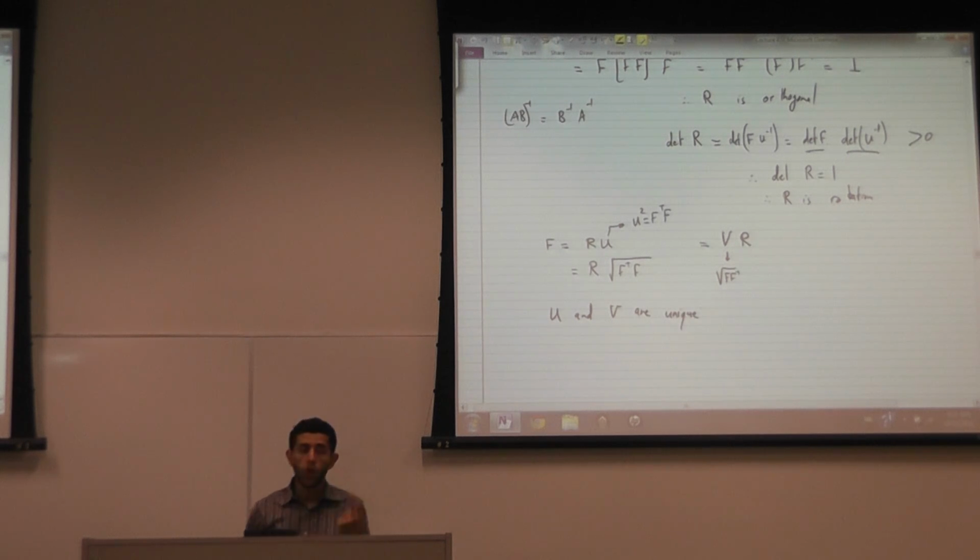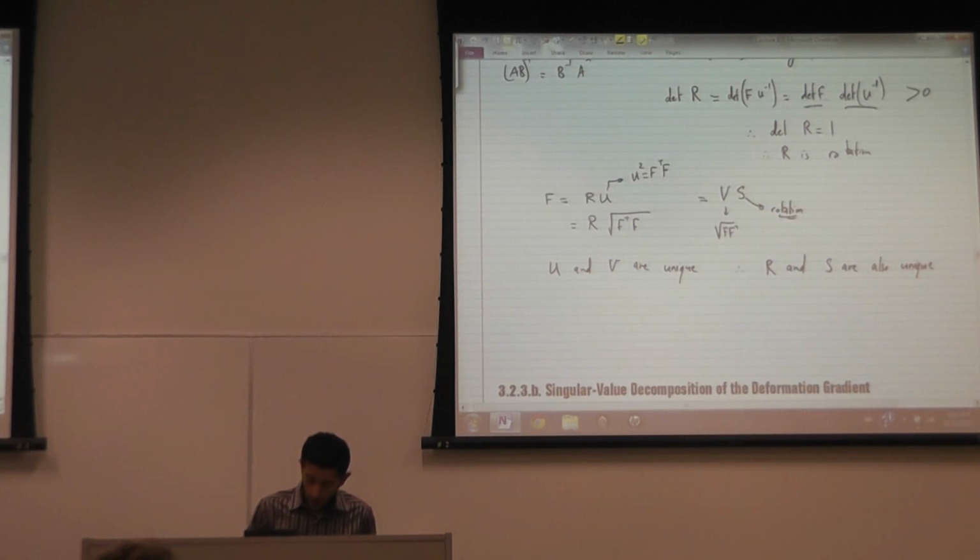We showed that there's only one positive definite symmetric matrix that is the square root of the positive symmetric matrix F transpose F. Therefore, I'm going to put here S. This is a rotation. Therefore, R and S are also unique. So R and S are unique.